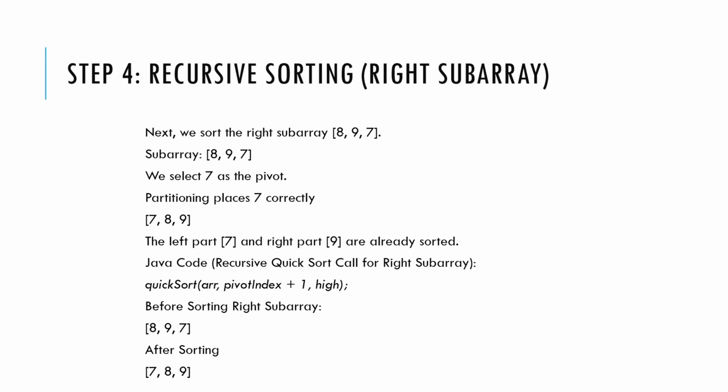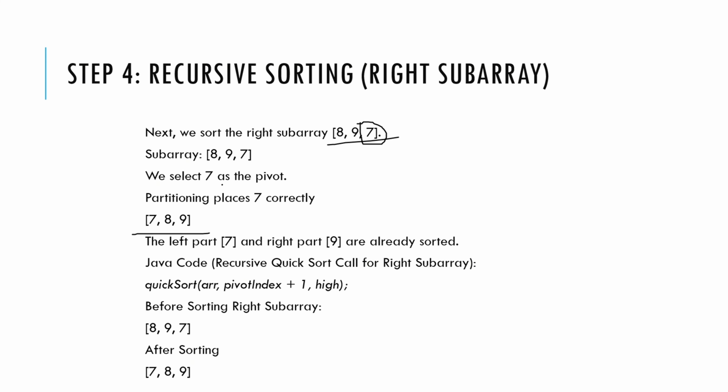Now, doing the same on the right subarray, the elements that are greater than the pivot. We select the last element as the pivot of our right subarray. The original subarray is 8, 9, 7. We selected 7 as the pivot. We added the quick sorting method.